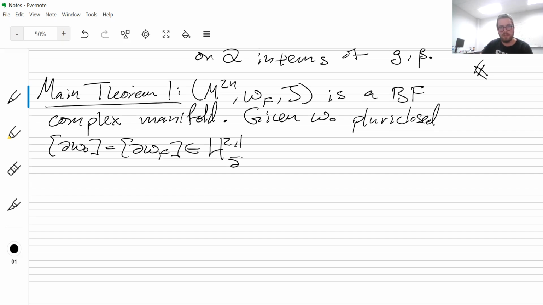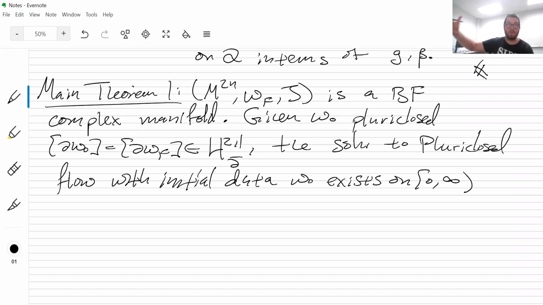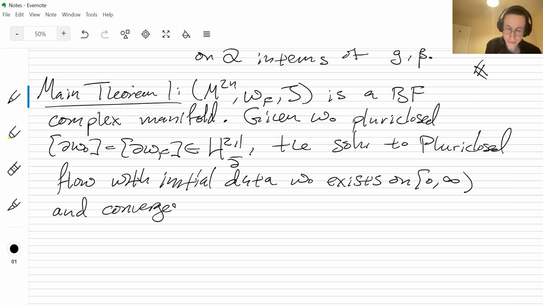The solution exists for all time. The solution to pluriclosed flow with initial data omega naught exists for all forward times and converges to, we'll call it omega infinity, which is also Bismuth flat.